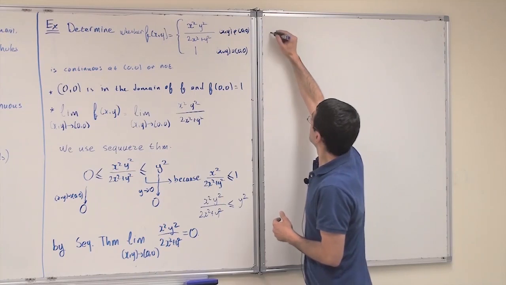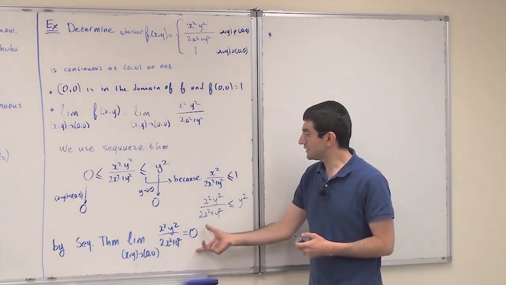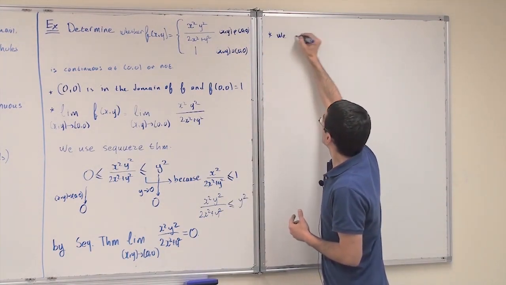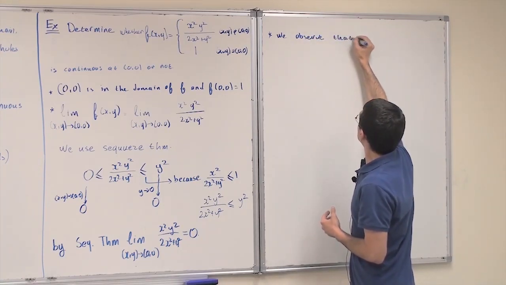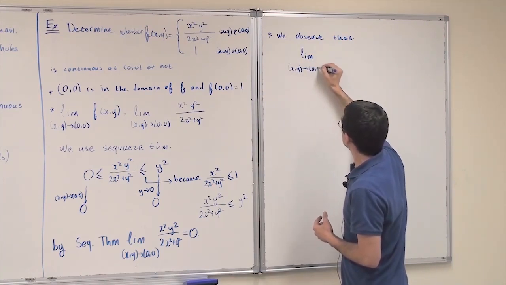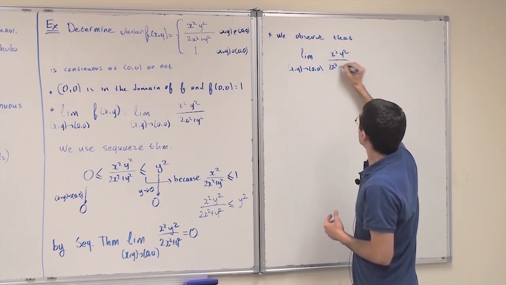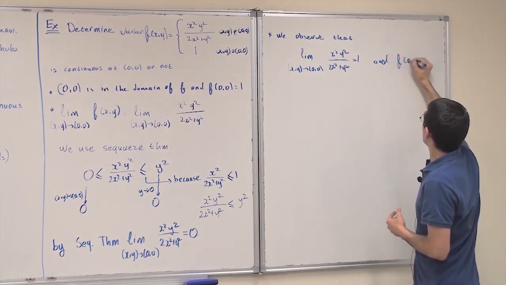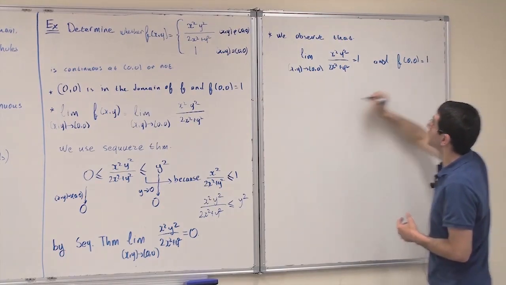Now, for the last part, we have to verify whether this limit is equal to the value of the function. We observe that the limit as (x,y) goes to (0,0) of the function is 0, and f(0,0), the value of the function at the limit point, is 1.